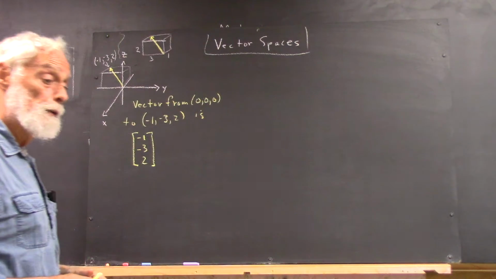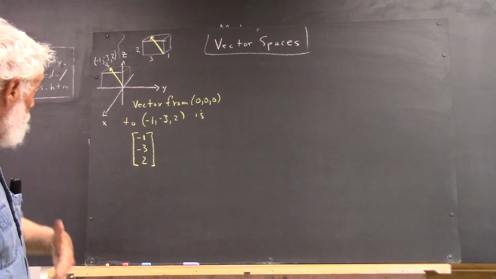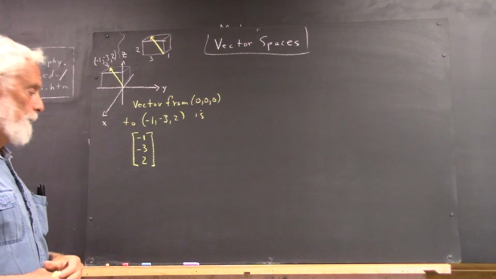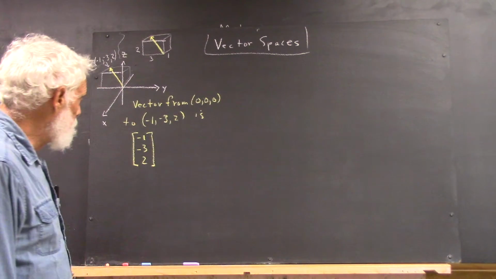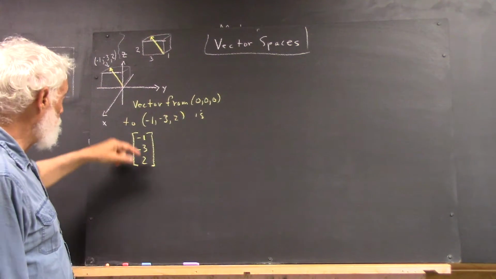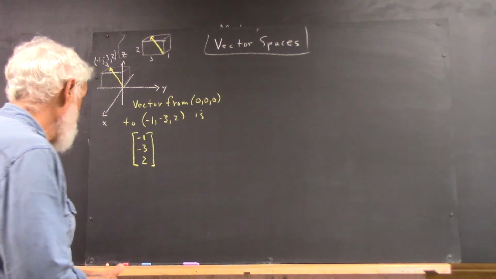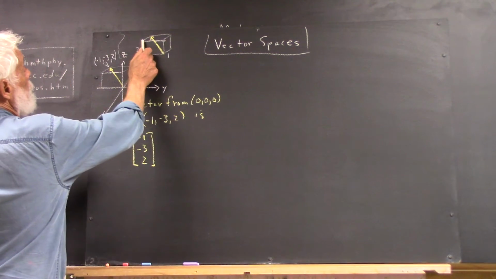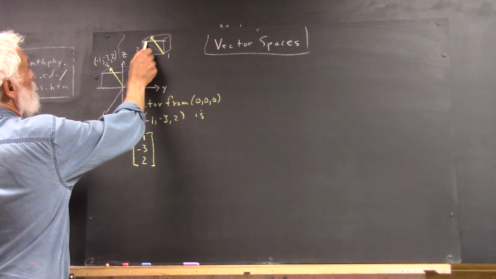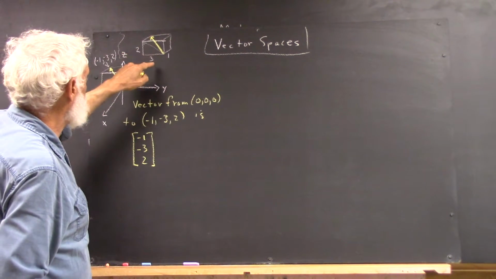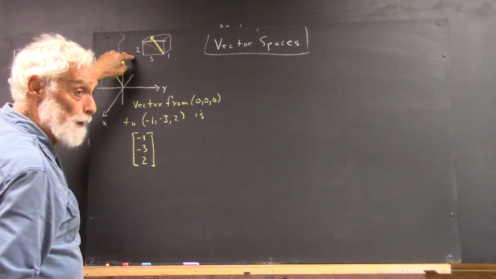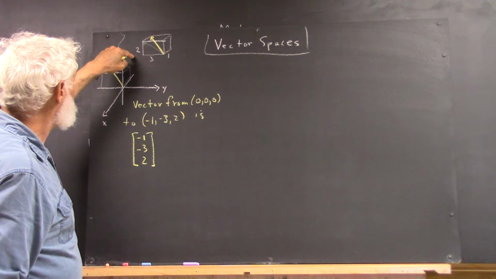The length of the vector, we're not going to prove it right now, but it's very, very simple to prove. You just take the square root of the sum of the squares of the components. And I'll actually draw you a little picture. Right here is a vector whose length is the square root of 3 squared plus 2 squared, right?